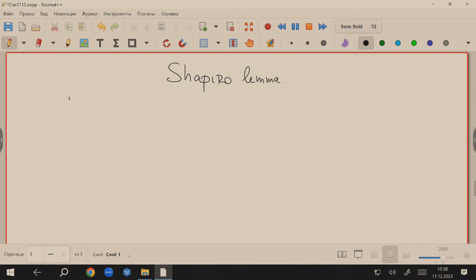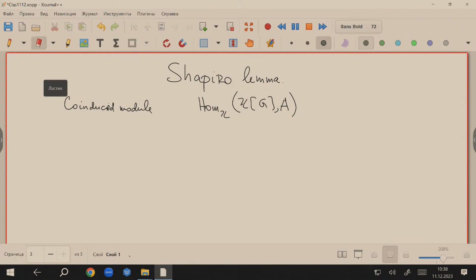So let us recall that you have the co-induced module. That is written just Hom_Z(ZG, A). The co-induced module is constructed just via a free Abelian group, where Lambda is a free Abelian group, or just not necessarily free.